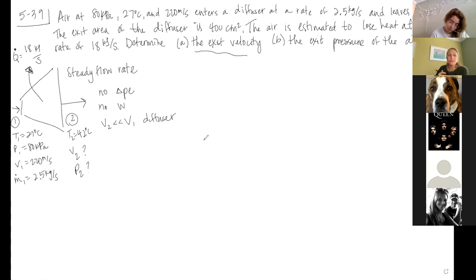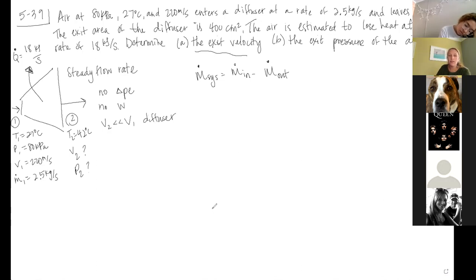All right, so we have some hints about how to start this problem. The problems in chapter 5 are some of the more complicated ones that we've done, but they all start the same way, especially for steady state problems, but even for unsteady state problems, you're always going to start with your mass flow rate equations and then your energy equations. So I always start with the mass flow rate equation, where the mass flow rate of our system is equal to our mass flow rate in minus our mass flow rate out.